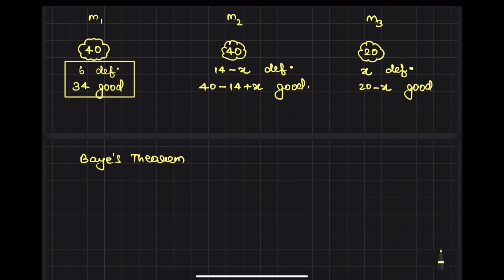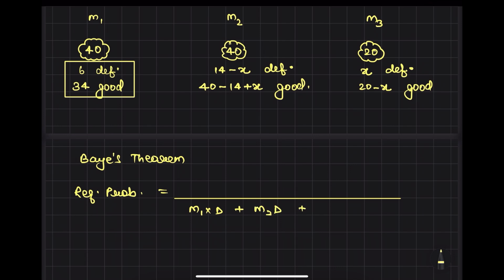The required probability: you first pick M1 and then defective, plus M2 then defective, or M3 then defective, and you have to find the probability of M2 then defective.